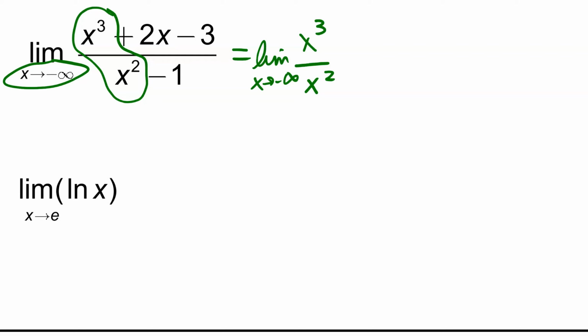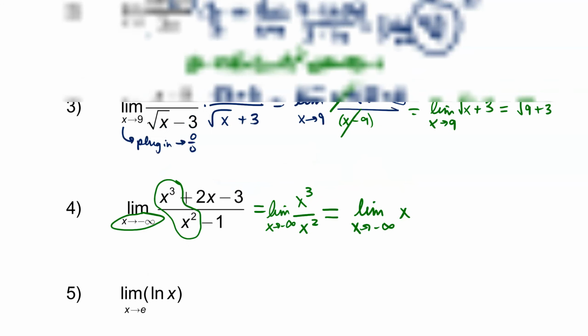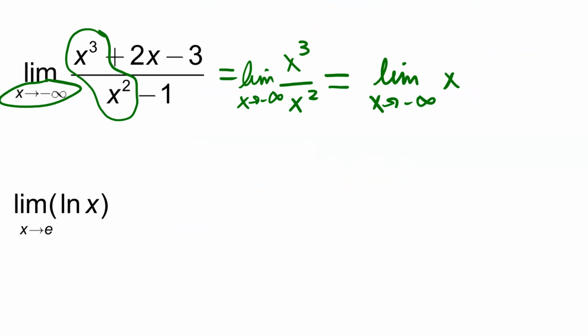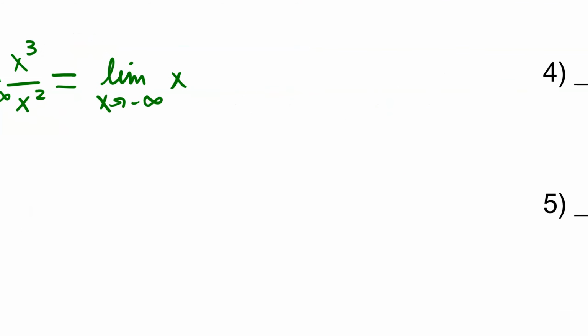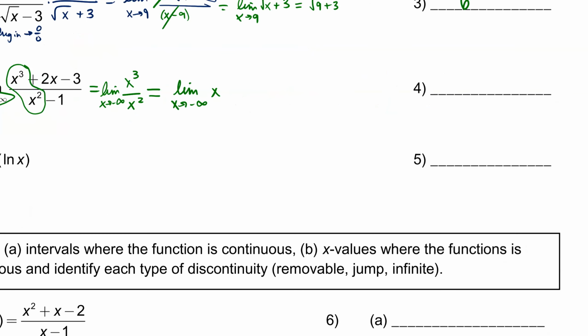So bigger on top means it doesn't exist. Is it going to be approaching infinity or negative infinity? Negative infinity, because x cubed over x squared, literally you're just left with 1x. So we're going to be approaching negative infinity, and then we have to say it does not exist.